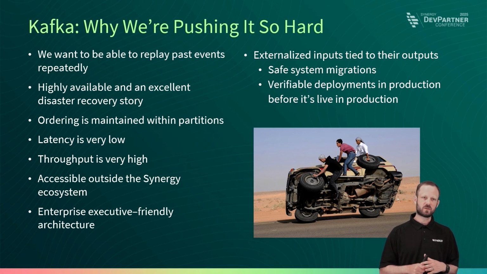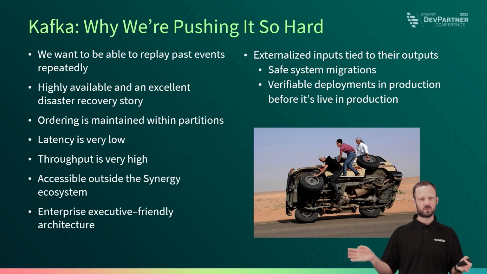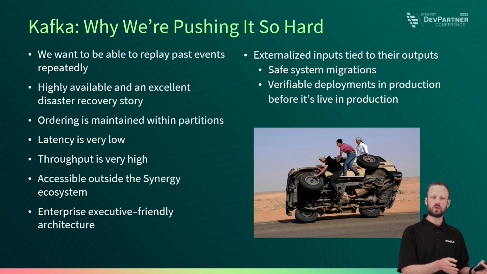The other very specific thing about Kafka that is not always true for all event-based systems is that ordering is maintained within the partitions. So we can reliably say we're going to get the same sequence of events back out as what we put in.